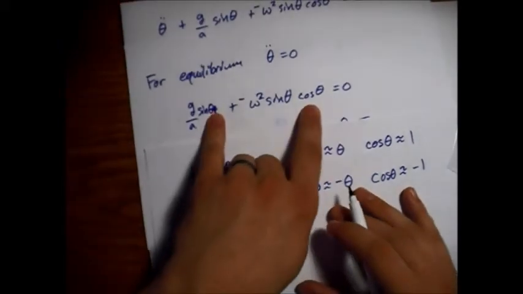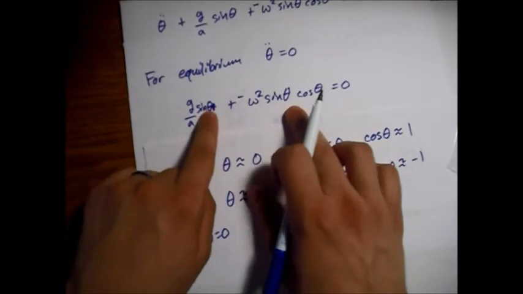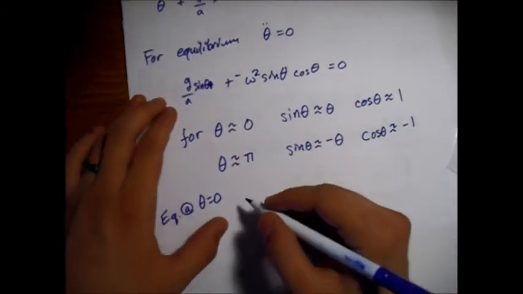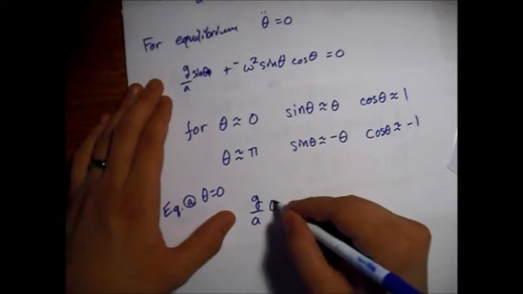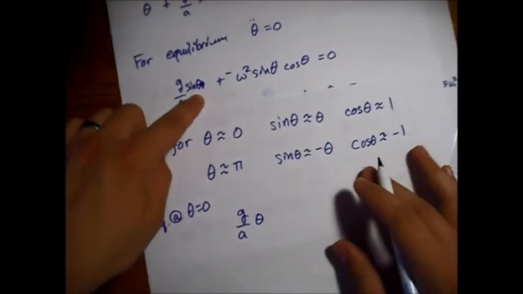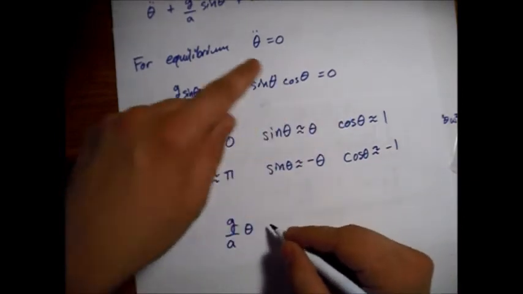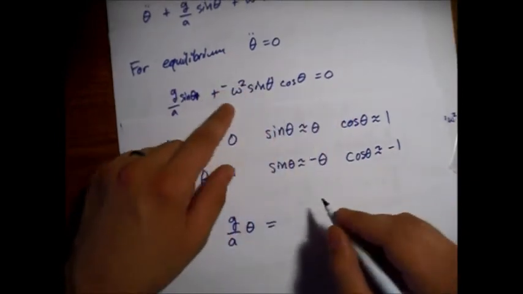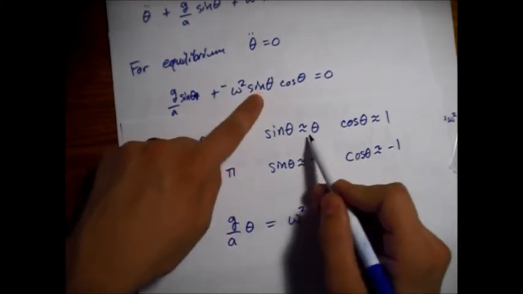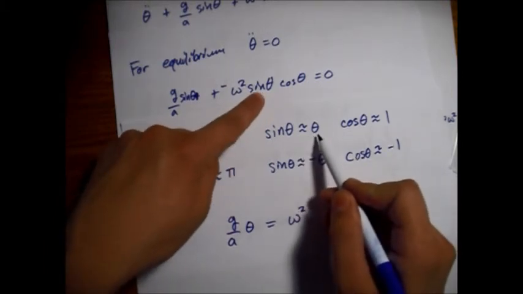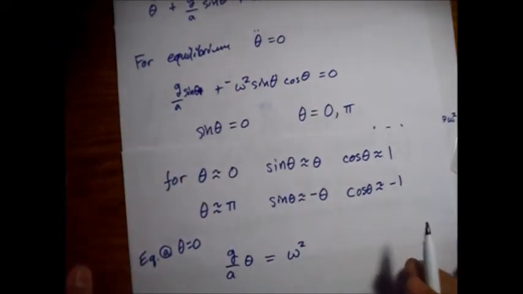So here's our equation, and we're just going to plug these guys into here. All right, so we have a g over a. Sine of theta is about equal to theta. I'm just going to move this over to the other side and make it positive, so we have an omega squared. All right, and here, sine of theta, did I make yet another mistake?